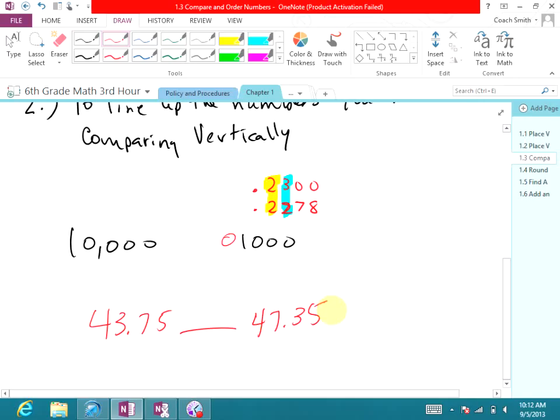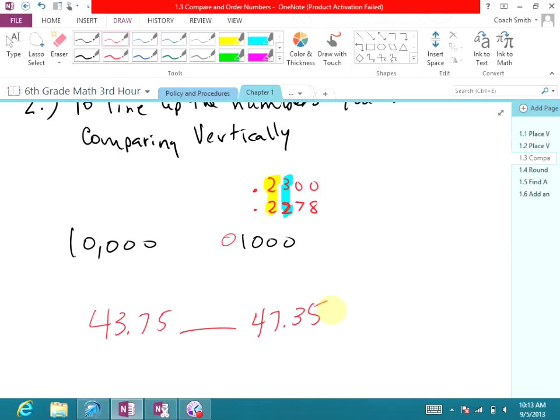Now, what they're trying to do to you here is, you look at the problem quickly, they've switched a couple of digits, and then you get the wrong answer. They're trying to make sure that you're actually truly looking at the problem. Because when you look at that problem, someone might be tempted to put an equal sign in the blank.